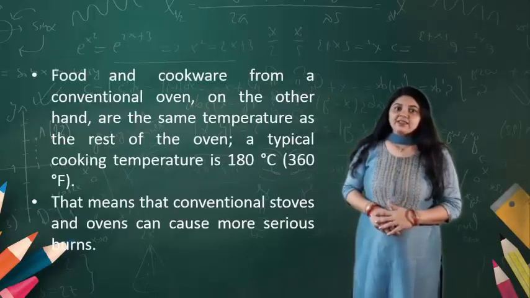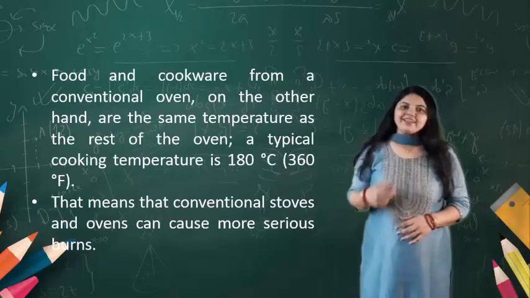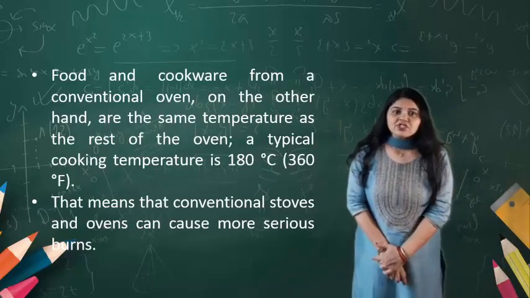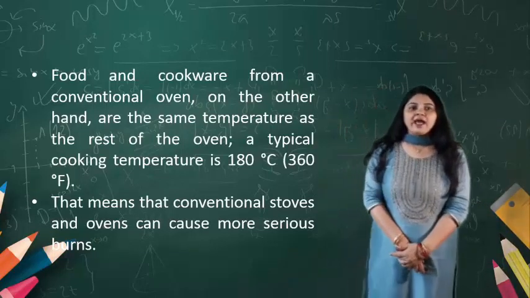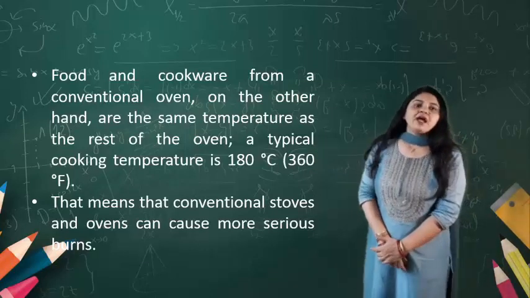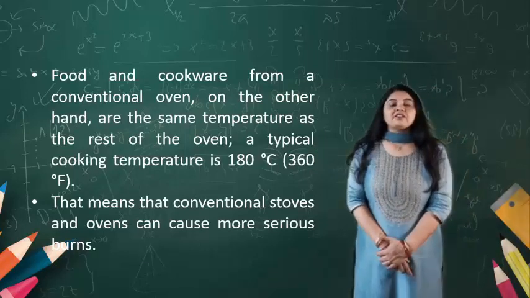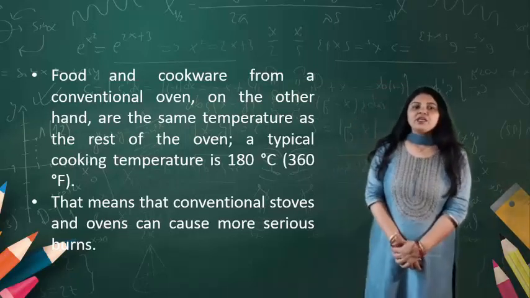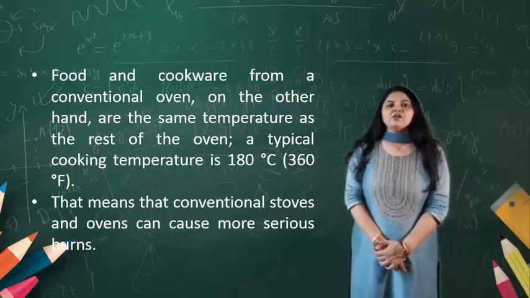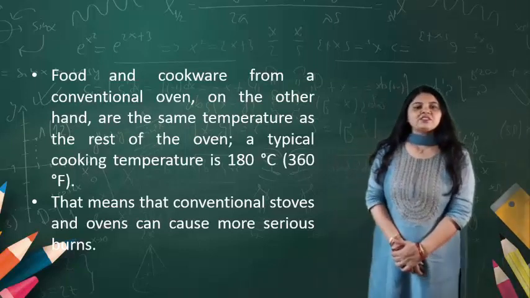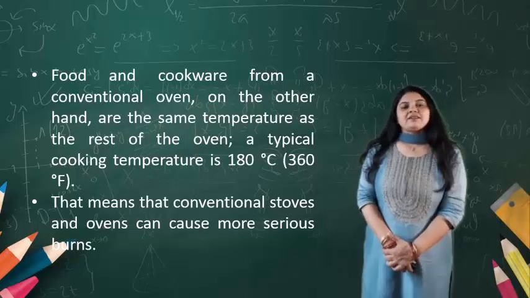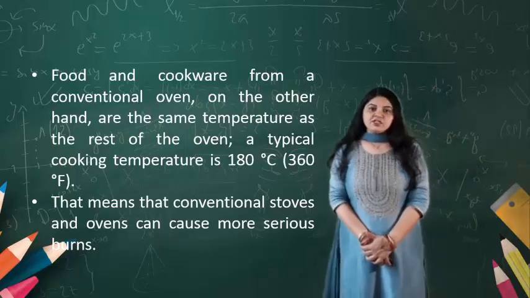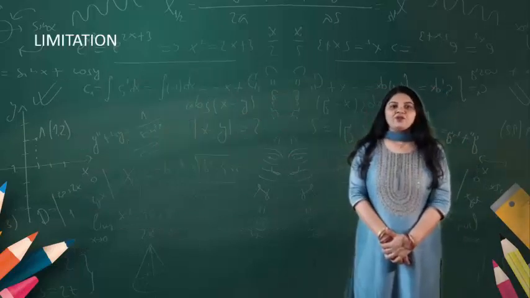That is why the selection of cookware is important. Food and cookware from a conventional oven, on the other hand, are the same temperature as the rest of the oven, and the typical cooking temperature is 180 degrees Celsius or 360 degrees Fahrenheit. This means that conventional stoves and ovens can cause more serious burns. So this is about how it cooks the food.